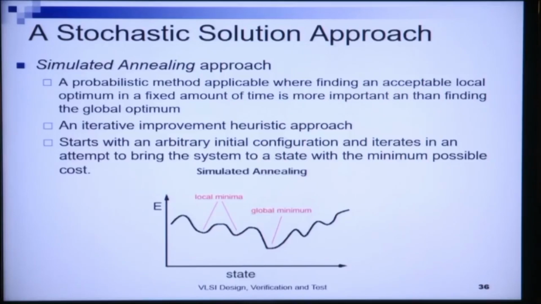So therefore, let us say this denotes the state space of the problem, and this denotes the cost in terms of energy. For us, energy could be say resource cost, area cost, then performance cost, latency, etc. Right, and we want to obtain say the minimum resource design, minimum resource allocation.